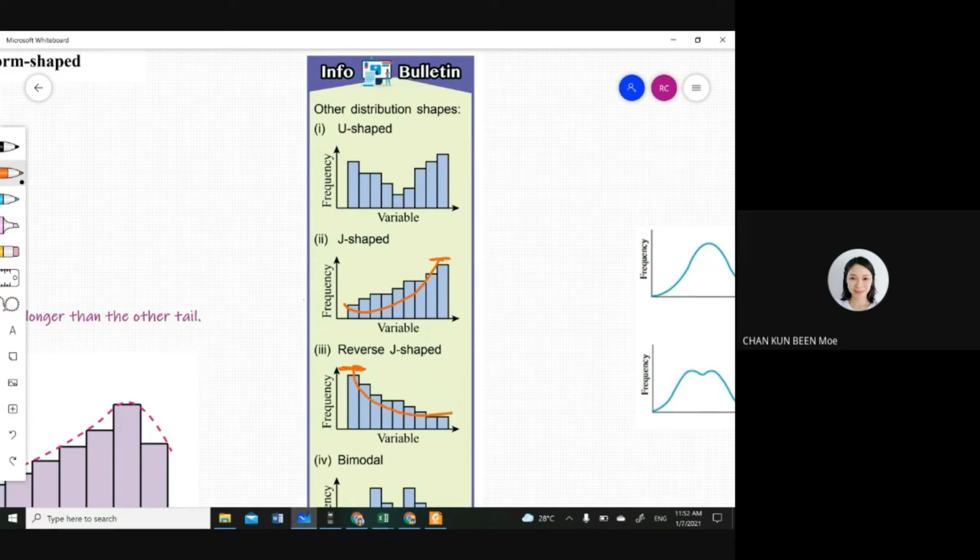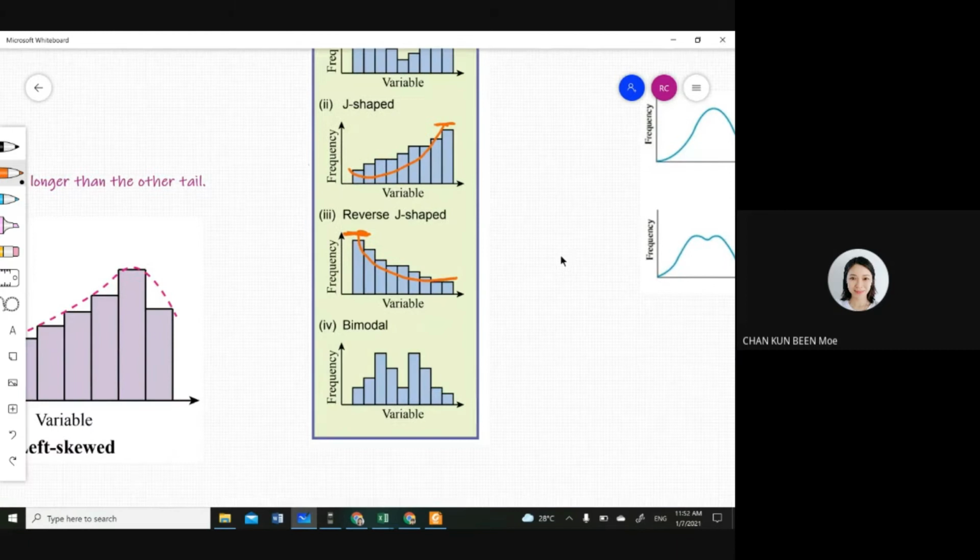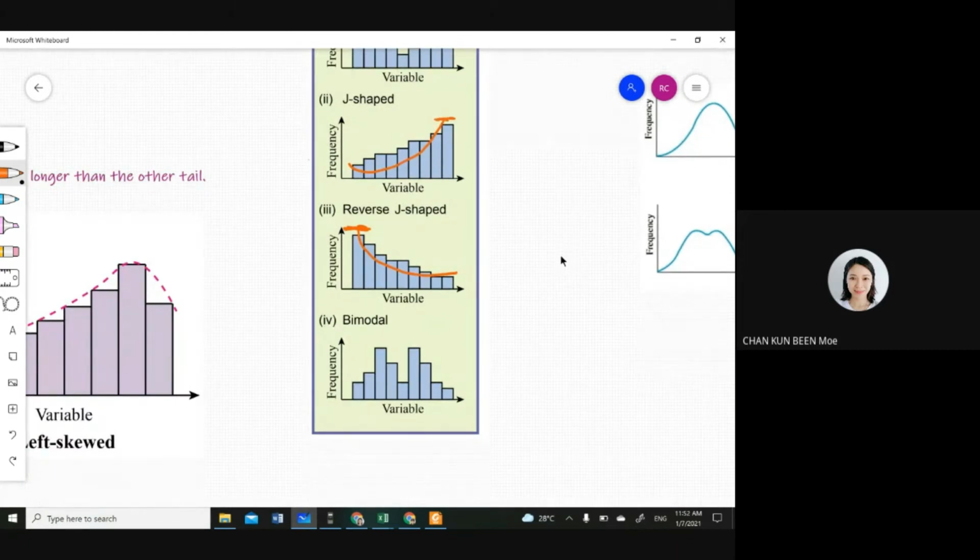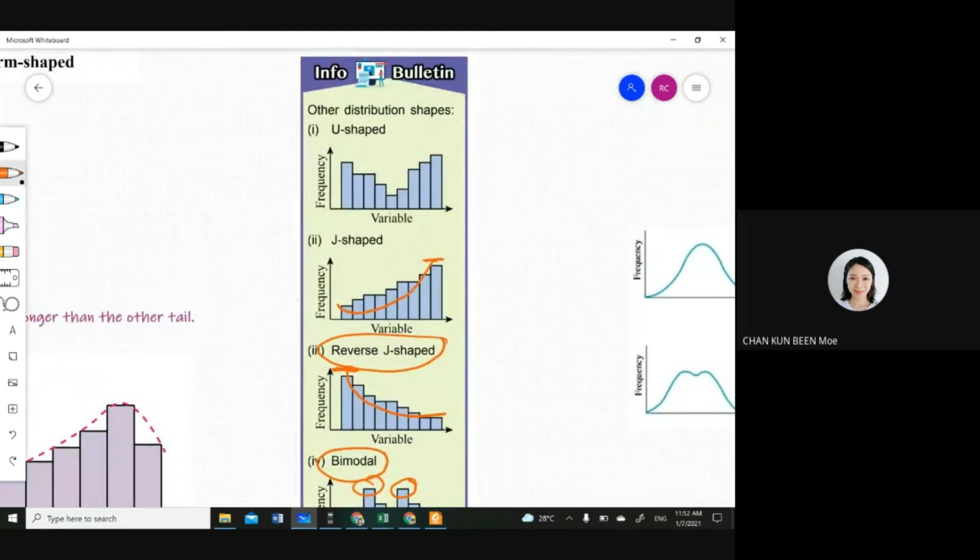Okay, reverse J. And the last one over here, we called it the bimodal histogram because we have two modes over here with the highest frequency. Okay, so this one is bimodal. This one reverse J shape, and the one before is J shape, and we have U shape.